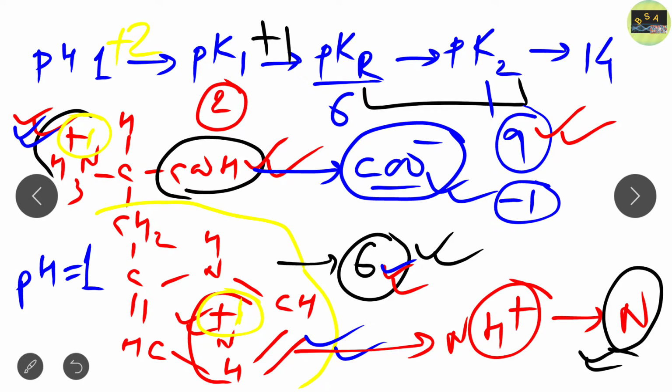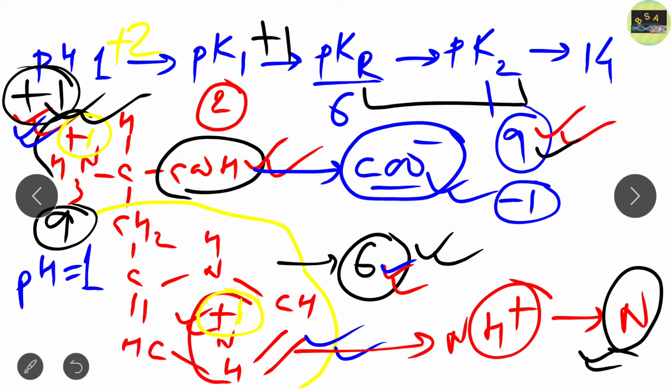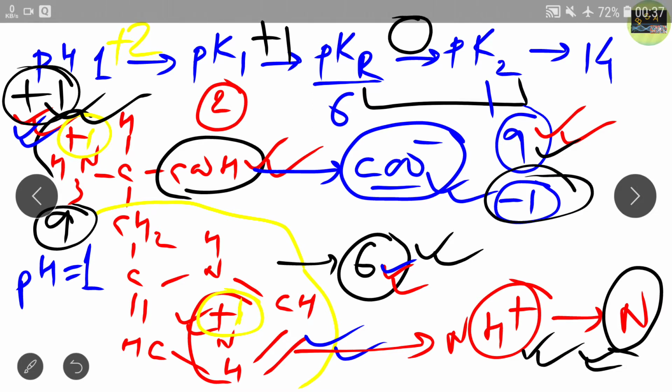And the NH3 will remain as it is, plus 1, because its pK2 value is 9, and we are at 9. It will not be affected; it will be affected only at pH 14. So here the charge is plus 1 for this, and minus 1 for this, because it has become neutral, so plus 1 minus 1, the charge becomes 0.